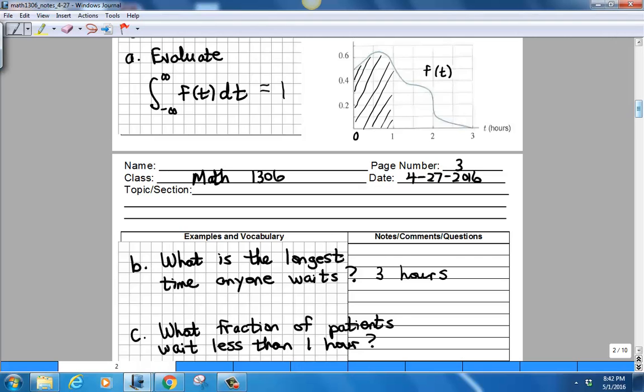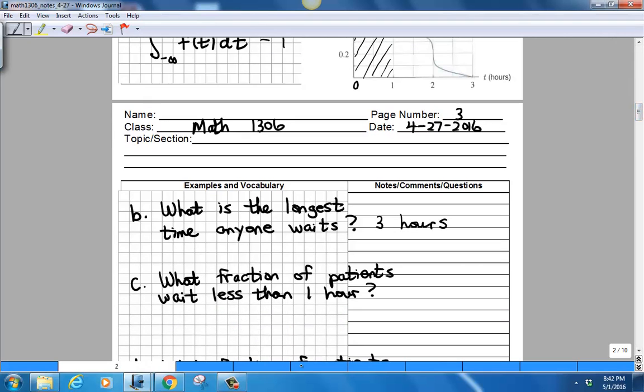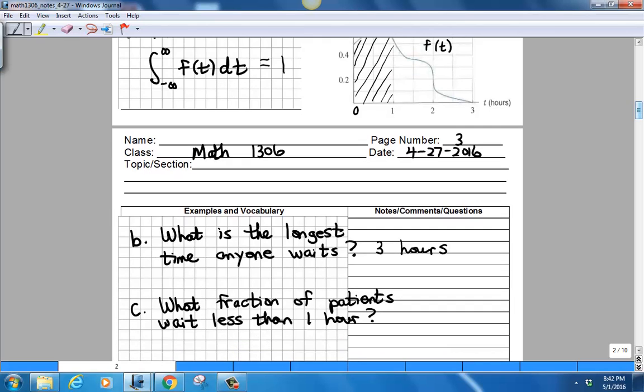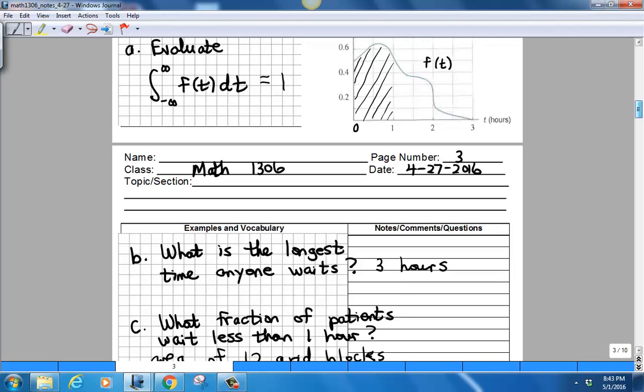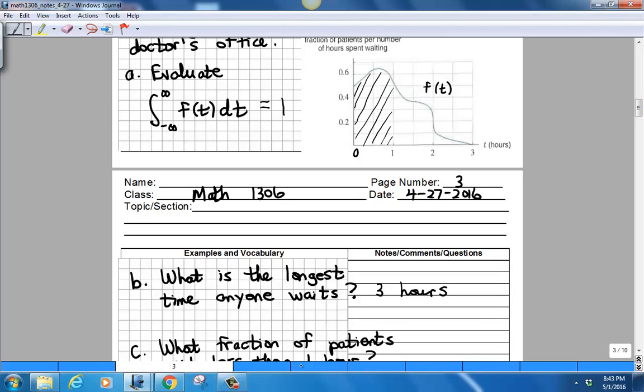So I'm going to estimate that this area that I've shaded in here corresponds to the area of 12 of these grid blocks. So if I can figure out what the area of each one of these little rectangles is, multiply it by 12, then I can get at least a better estimate of what this area under the curve of this density function f is between 0 and 1.